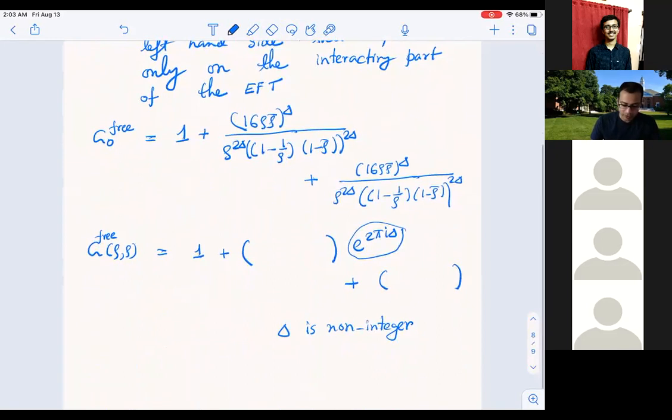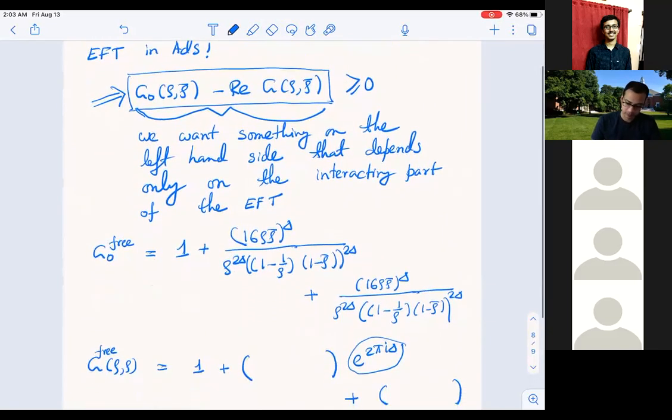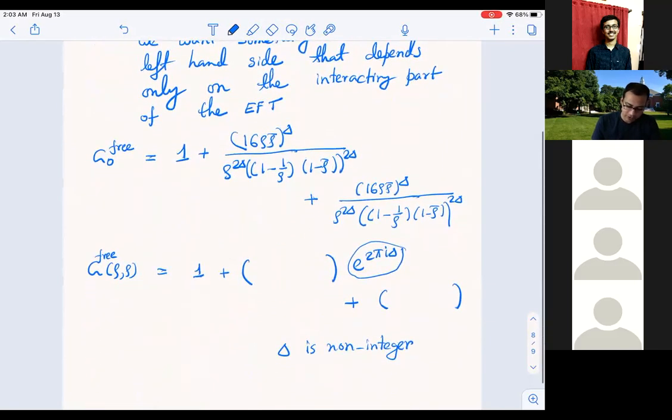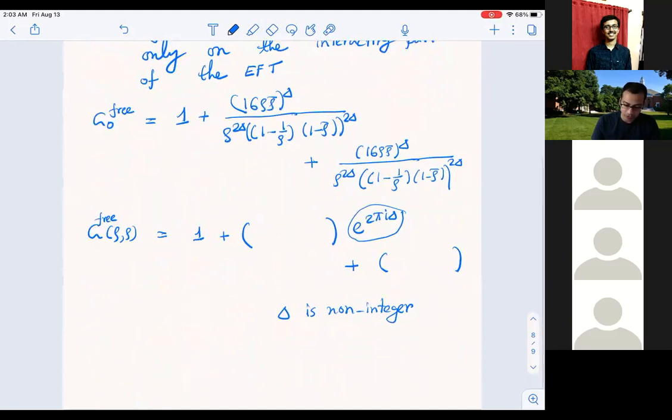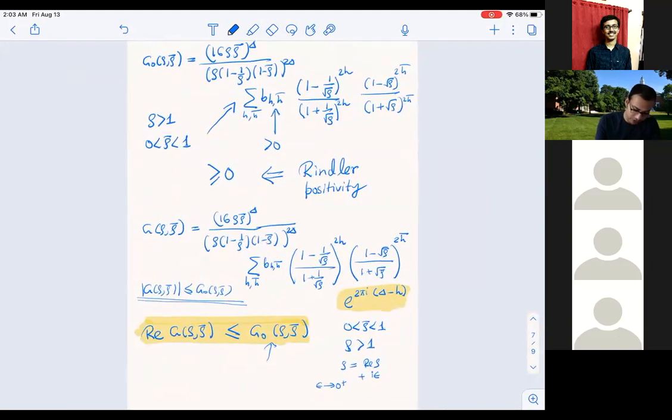So we want a positivity condition which will vanish for the free theory. And actually, it's very easy to derive it just from the previous two expansions.